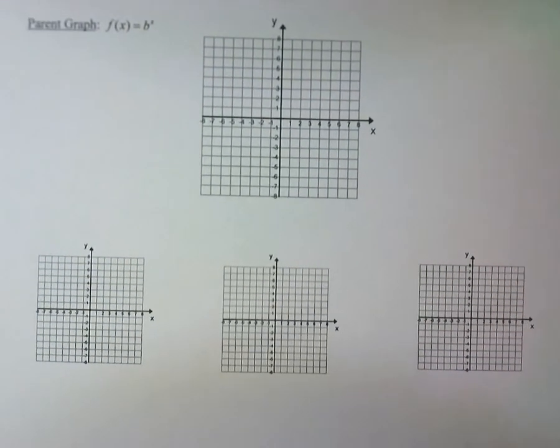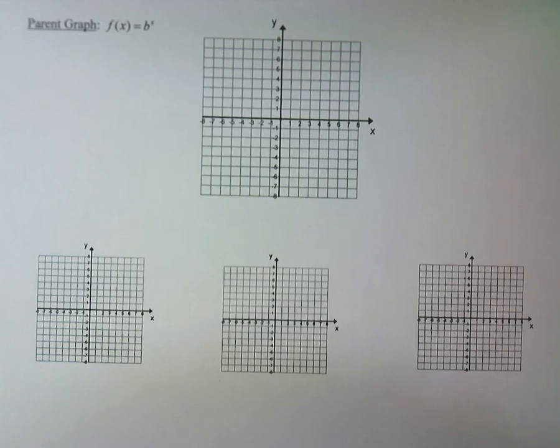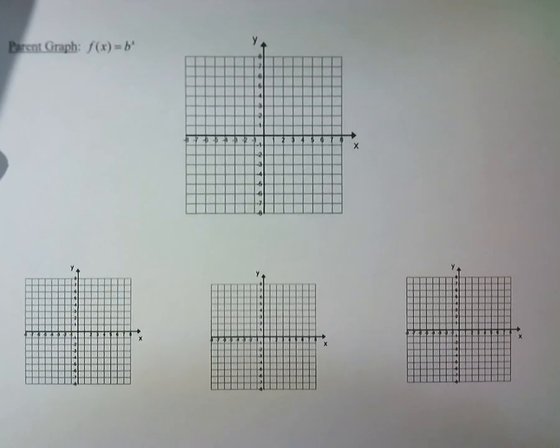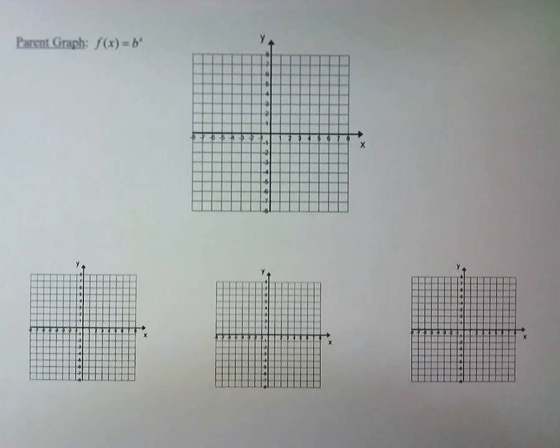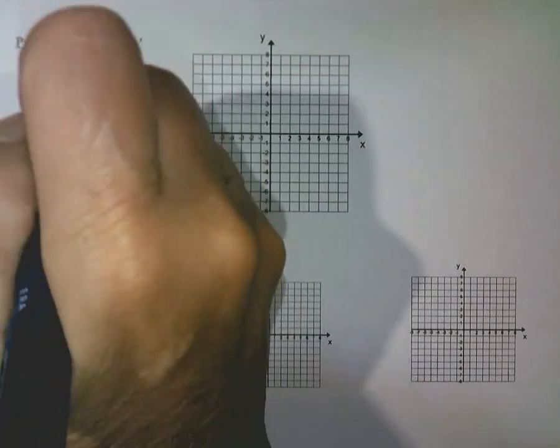Now we're going to look at the graphs of these. So, like I said, the basic exponential function is f of x equals b to the x. Well, b can be any number except for 1, and I can't graph it on a coordinate plane because I don't have any numbers to pick points. So I have to choose what I want b to become. So I'm going to let b equal 2.